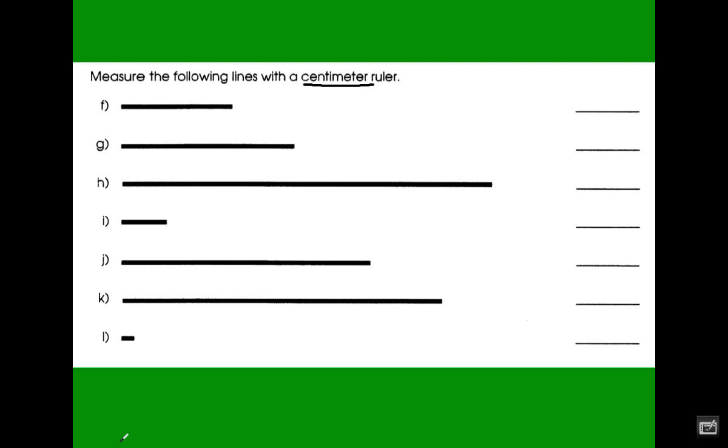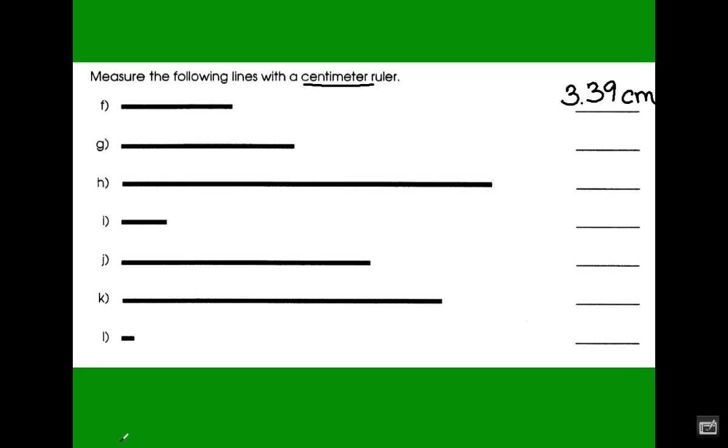Okay? So for letter F, I said it went past 3 centimeters, and then I said it went almost to 4, so I made it 3.39 centimeters. Now you could have it as 3.40 if you wish, but it needs to be reasonable, close to that number.